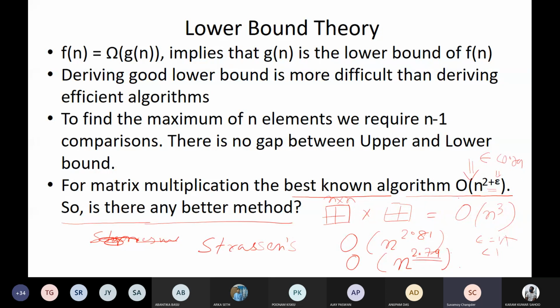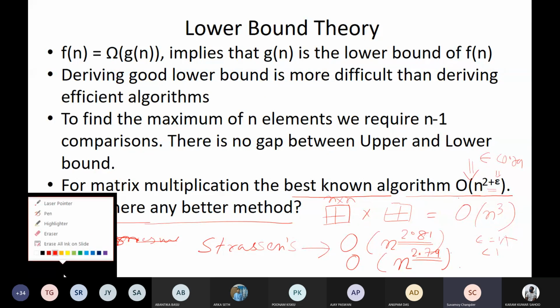As per my knowledge, n to the power 2.79 is the best algorithm till now. But the most common and popular algorithm is Strassen's, which takes n to the power 2.81. So always our target will be to find an algorithm with a better lower bound. Clear? That's why we require learning the lower bound theory.